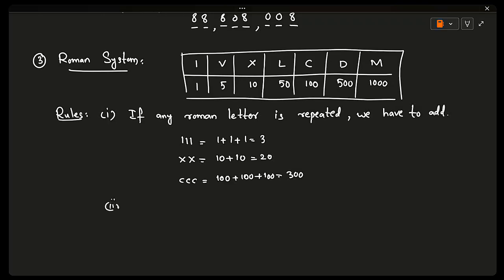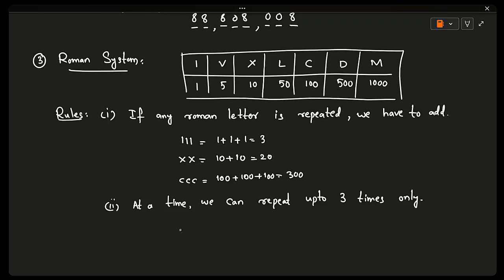And the second rule is, yes, if it is repeating, we are adding. But maximum how many times we can repeat? At a time, together, we can repeat up to 3 times only. That means together we cannot repeat more than 3 times.